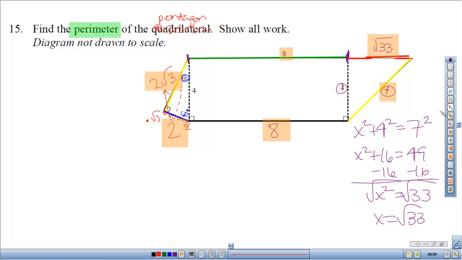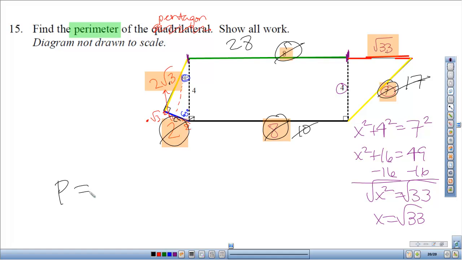So here's what I'd like you to notice. How many of those are whole numbers? Well, the 2 is, the 8 is, the 7 is, and this 8 is. The 2 square root 3 and the square root 33 are not whole numbers, so you actually can't add them in. So let's just add up the ones we can add up. 2 and 8 would be 10, 10 and 7 would be 17, and 17 and 8 would be 25.